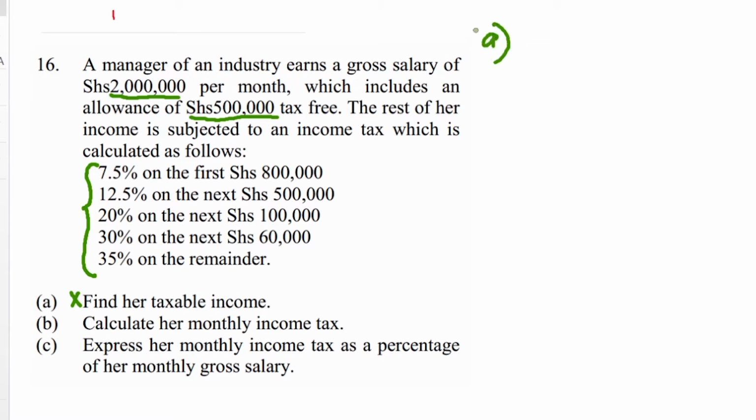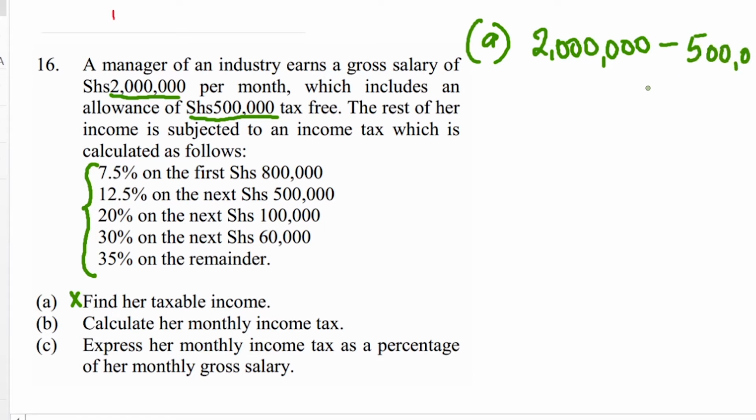So of course, for us to answer part A, which is her taxable income, first of all, she earns 2 million. So that's her gross. We subtract the amount of money that is tax-free, and according to the question, it's 500,000. When we subtract those two, you end up with 1,500,000.